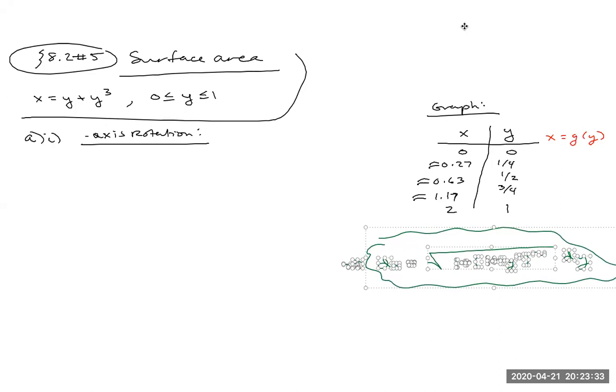Okay, so let's go over part 2, which covers y-axis rotation. Remember from our graph, we had a strip that looked somewhat like this.